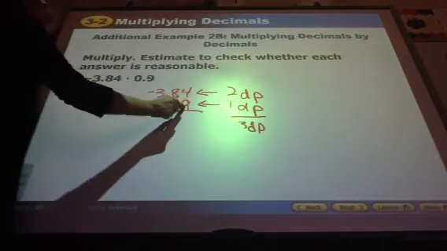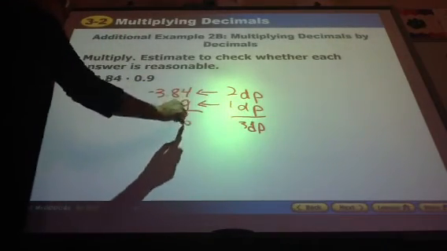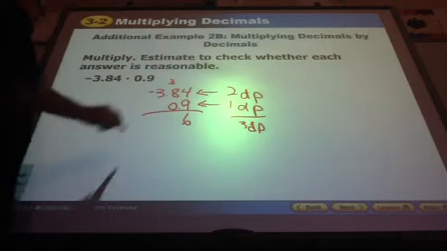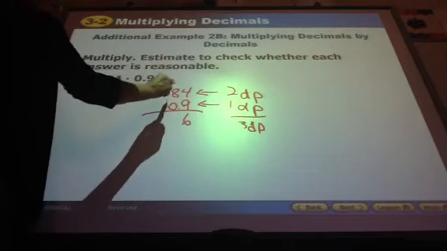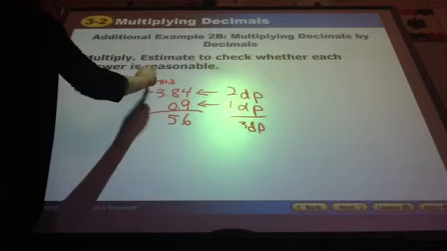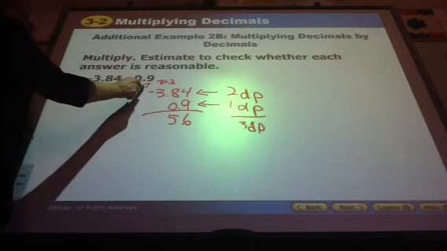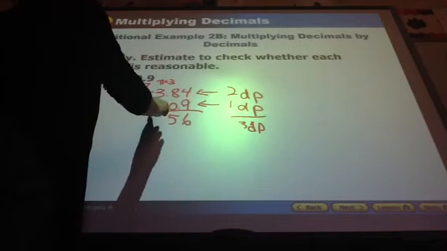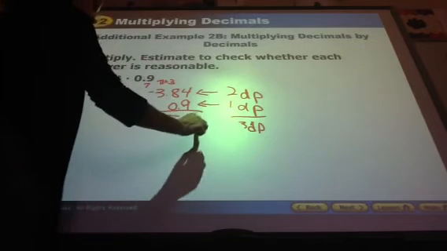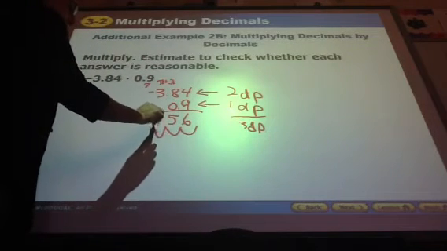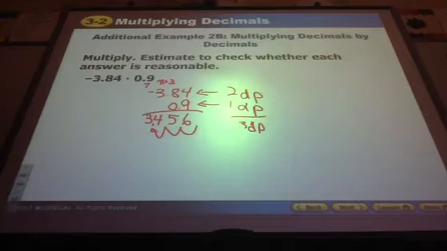So now I'm going to multiply. 9 times 4 is 36, carry the 3. 9 times 8 is 72, plus that 3 is 75, carry the 7. 9 times 3 is 27, plus 7 is 34. And I've got 3 decimal places, so it should be 3 and 456 thousandths.